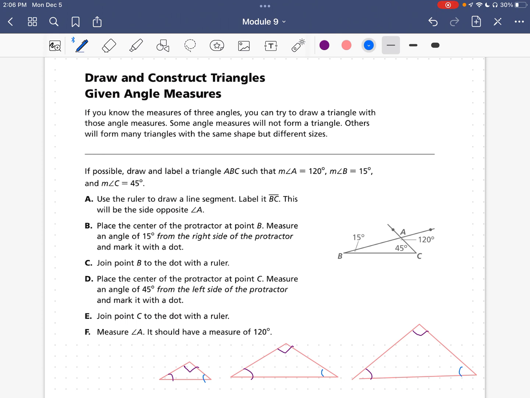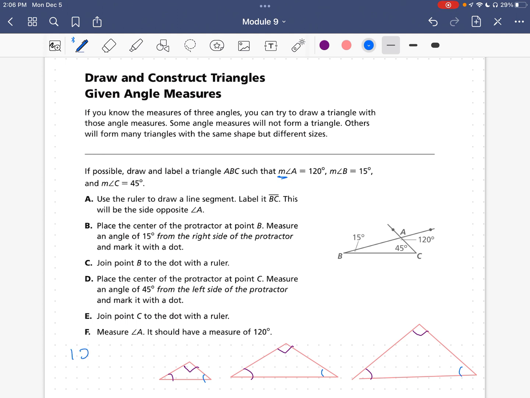Okay, so let's practice constructing a triangle. So it says, if possible, draw and label a triangle ABC such that the measure of angle A is 120, the measure of angle B is 15, and the measure of angle C is 45. So first off, let's make sure that these end up equaling 180, because if they don't, it's not going to make a triangle.